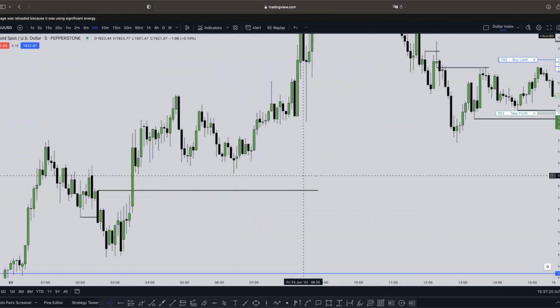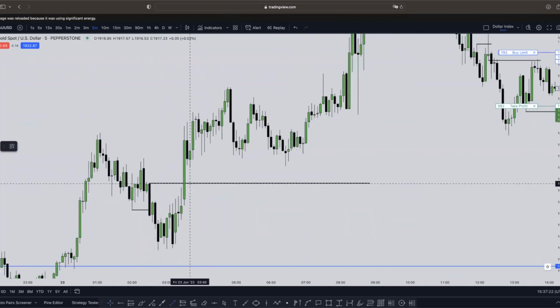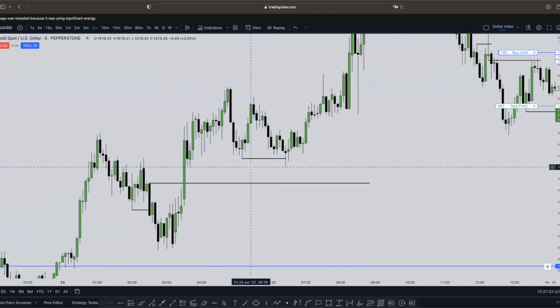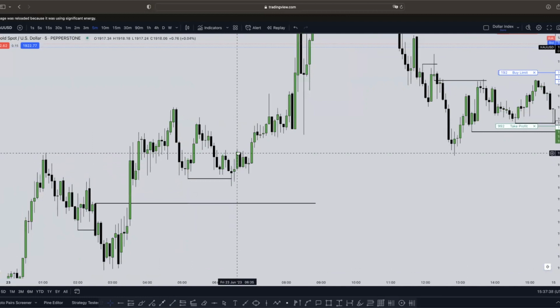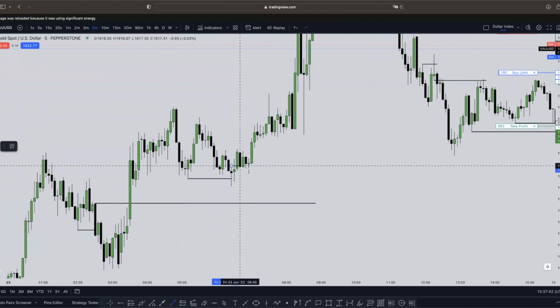Trade up, come down, up, down, up, down. Low on. This guy, when we trade through it and close above it there, that is your change in state of delivery.